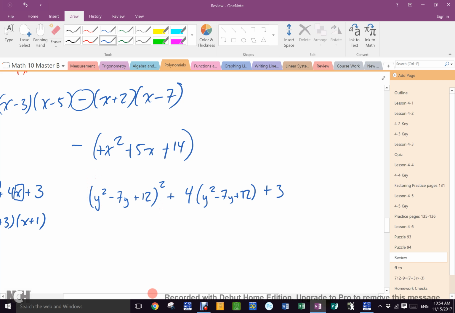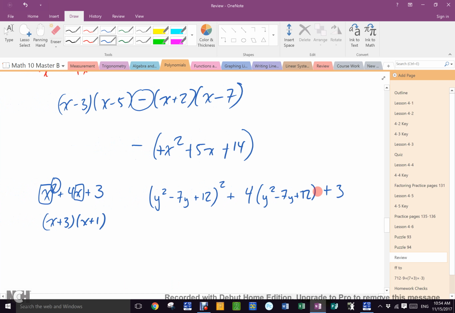You absolutely could, because isn't this just x squared and 4x and 3? Isn't it? So we know it's 3 and 1, right? And we know it's x and x. But in this case, x is this giant thing, isn't it? So what would it be?